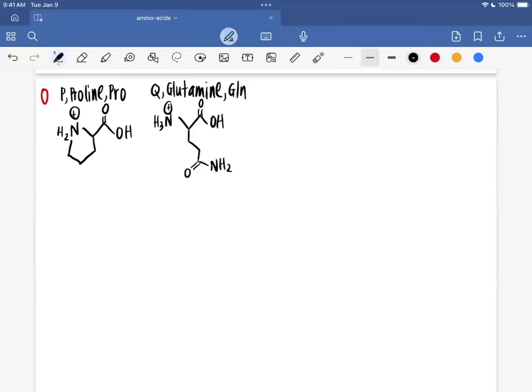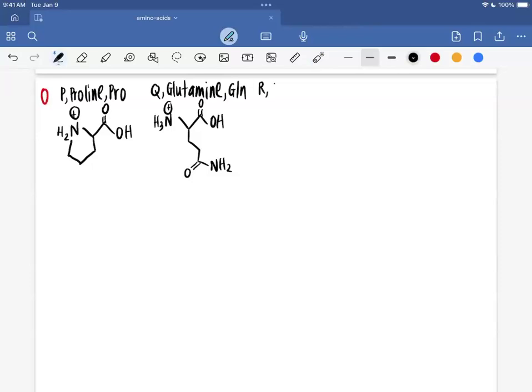So glutamine and glutamic acid are very similar, and the key difference is that instead of having an amide here, glutamic acid has a carboxylic acid functional group on the side chain.